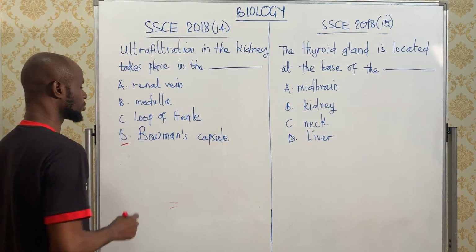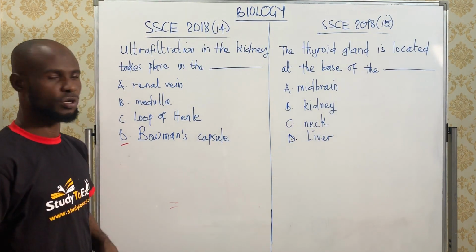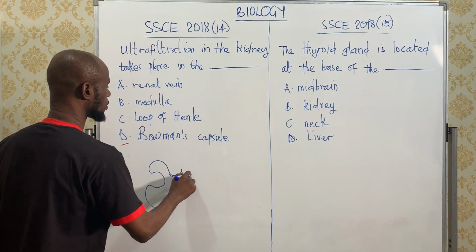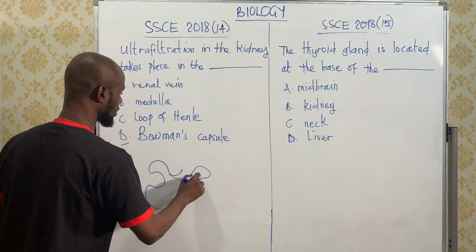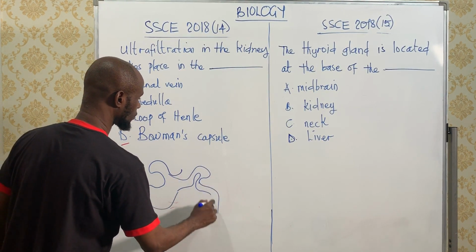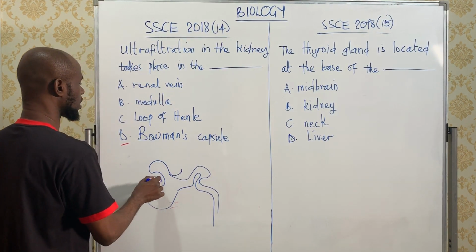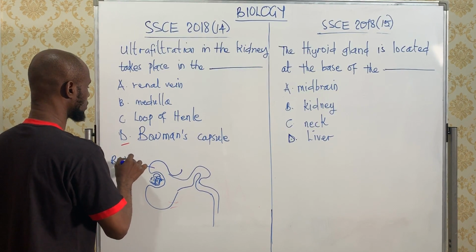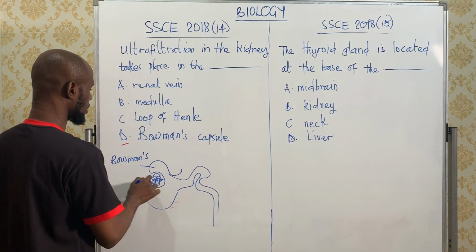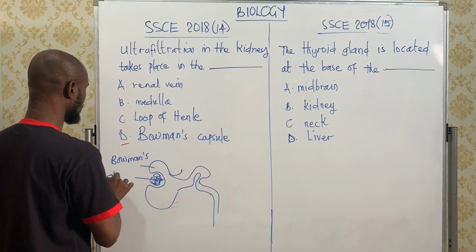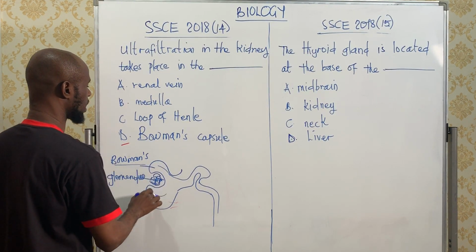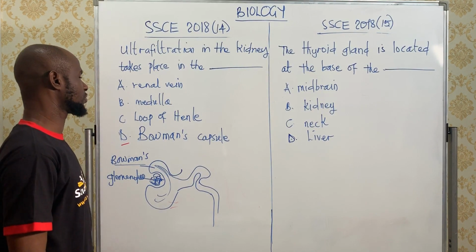So let me actually show you the structure of the Bowman's Capsule. This is the Bowman's Capsule, and inside the Bowman's Capsule, we have what is called the glomerulus. So this is where the ultrafiltration takes place.